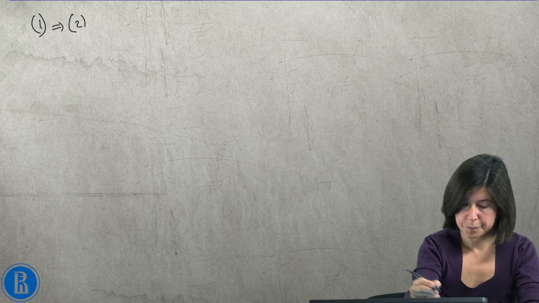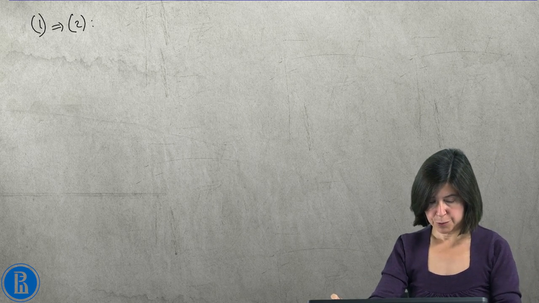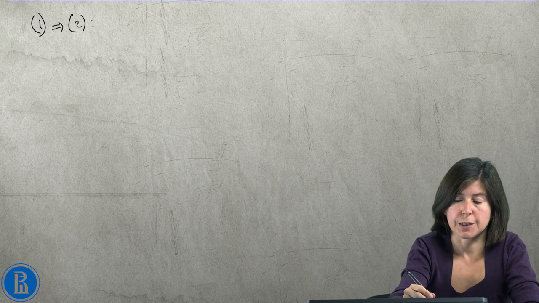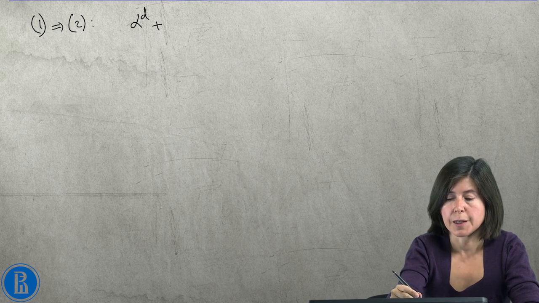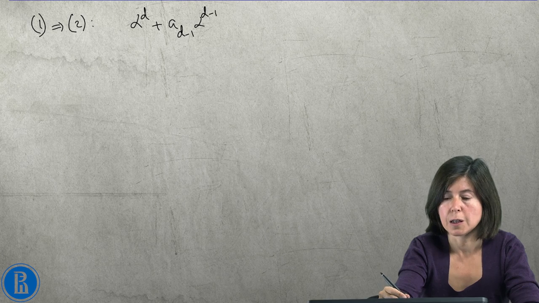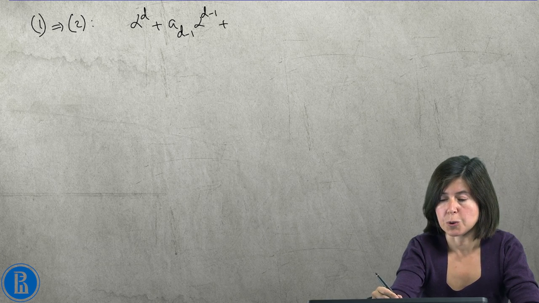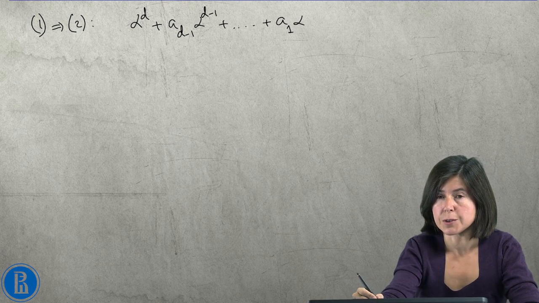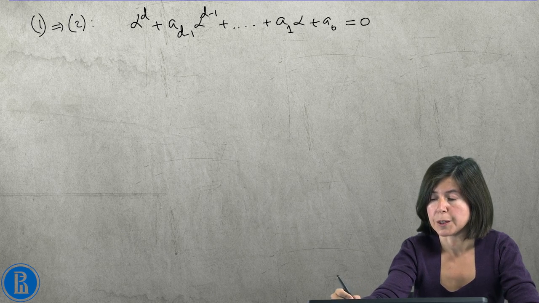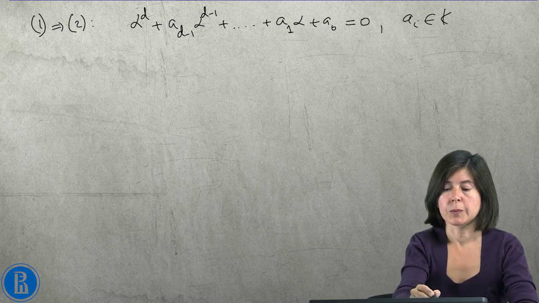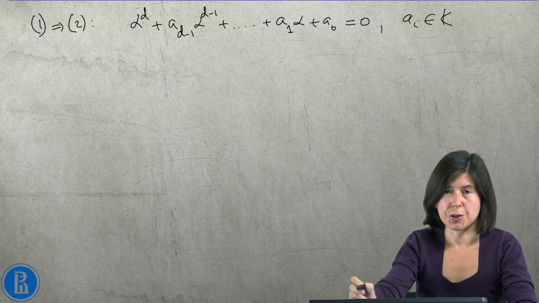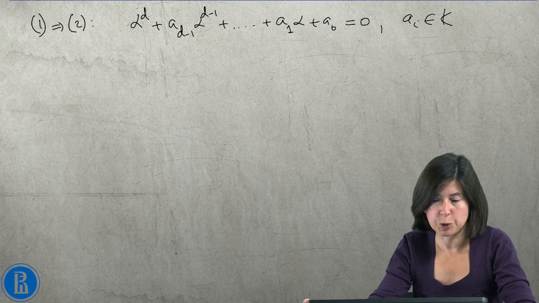Let me prove that 1 implies 2. If alpha is algebraic, then I can write alpha to the power d plus a_{d-1} alpha to the power d minus 1, plus, and so on, plus a_1 alpha plus a_0 is equal to 0, where the a_i are elements of K. This is just P of alpha, where P is a minimal polynomial.